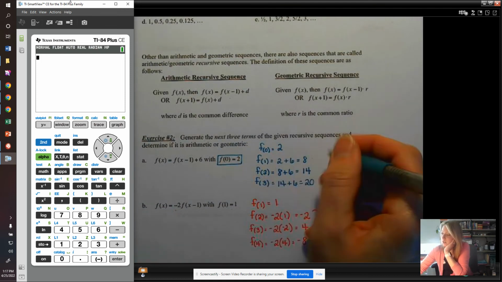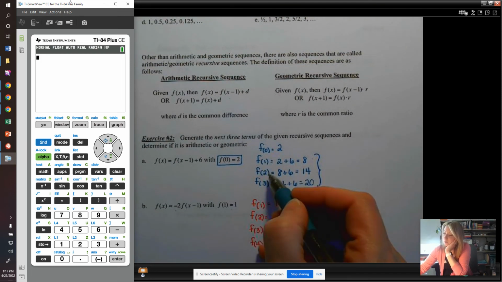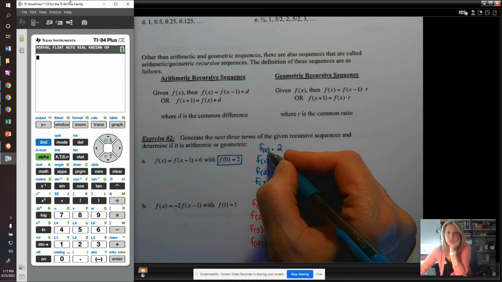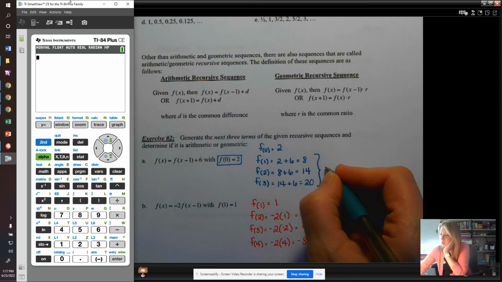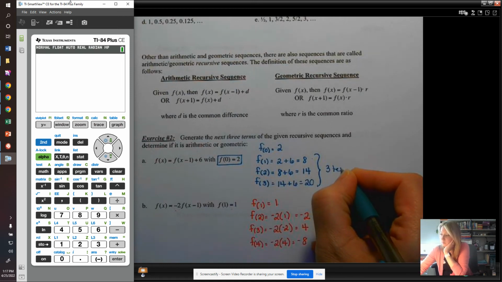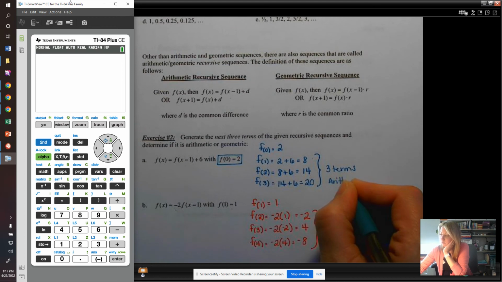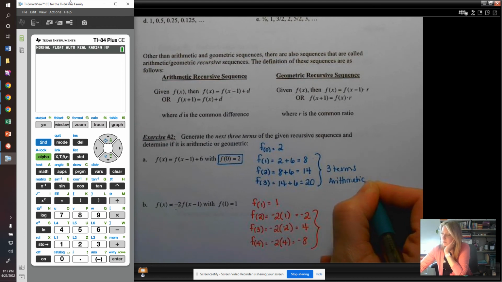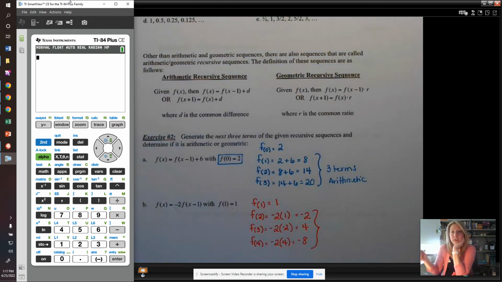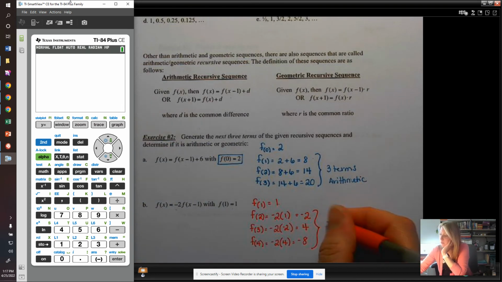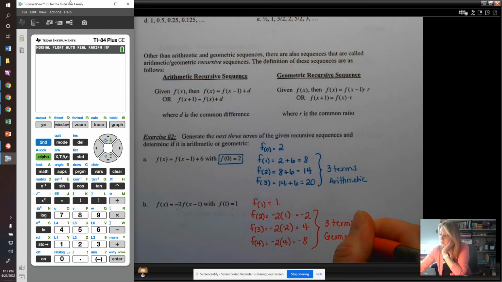And here, the next three terms were term 1, term 2, term 3, because we were given the 0th term in this sequence. So these were our three terms, and this was arithmetic, because we were adding to get from one term to the next. And there are my three terms in my recursive sequence, and this was geometric.